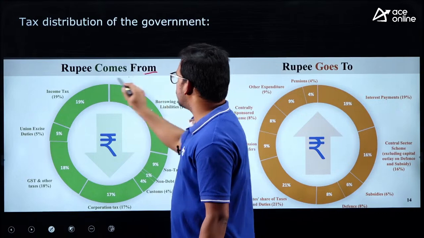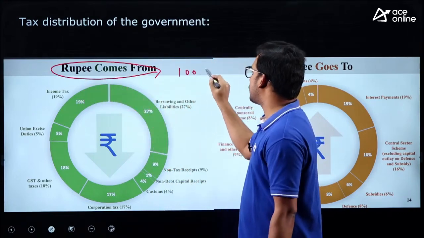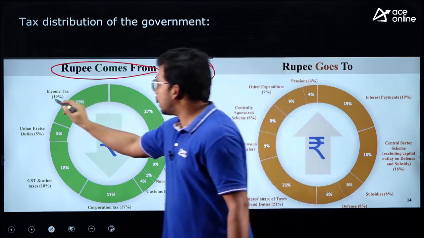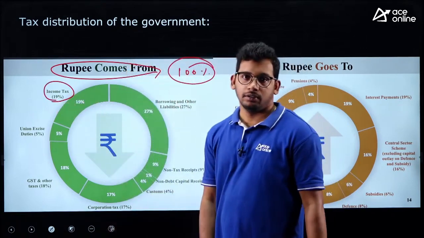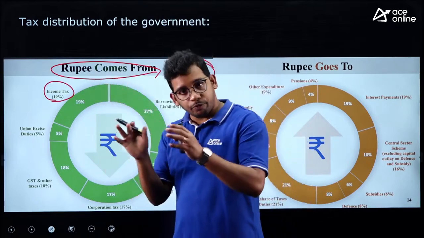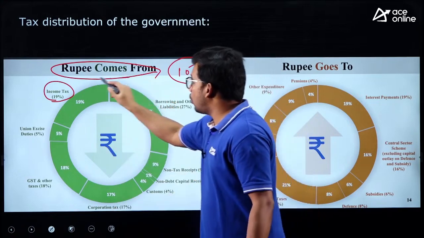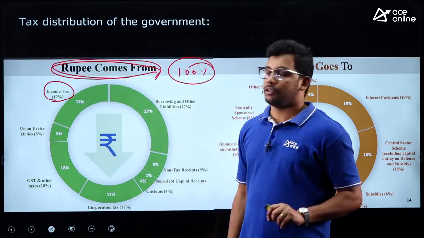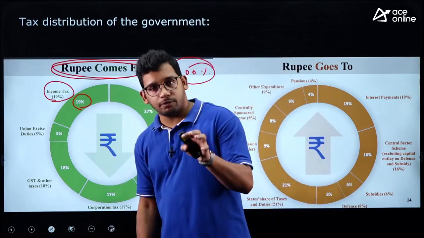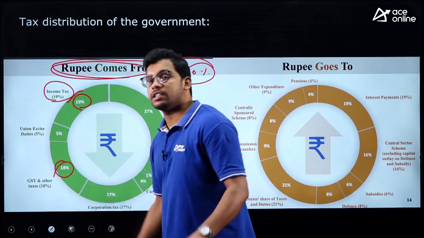Now whatever the amount that government is getting, a rupee, say for example 100%, out of that income tax is 19%. Income tax is the most tax revenue. This graph shows the distribution, how the government is collecting the money, from where government is getting the money, right. 19% of the total funds of the government is coming from income tax, then 18% is coming from GST.